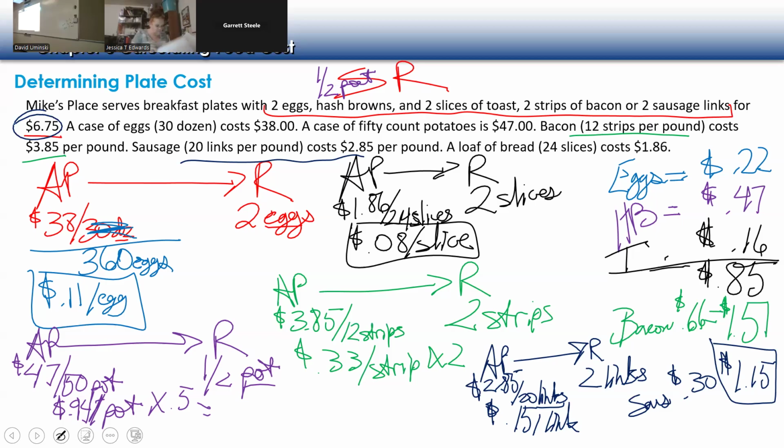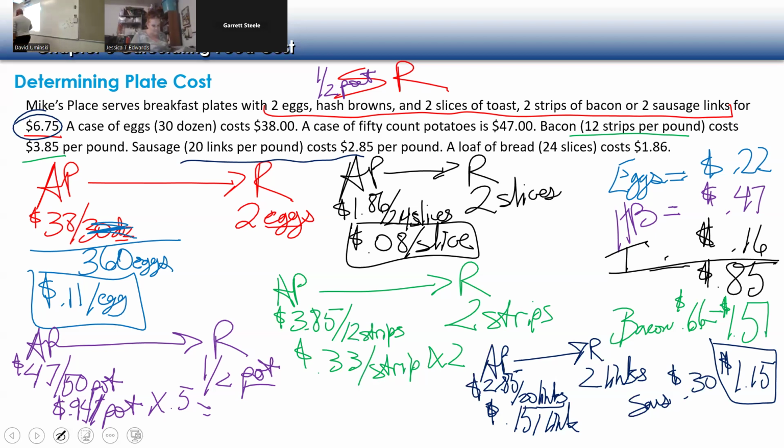If you want, you can say the bacon plate is this much and the sausage plate is this much. But to keep it easy, your plate is this with bacon or sausage. And then every time someone orders a sausage plate, your profit is a little bit more. We're going to sell it for the same amount.